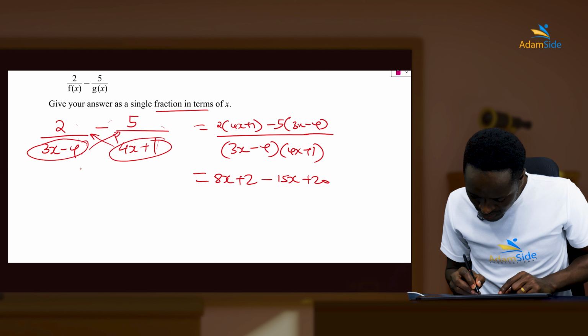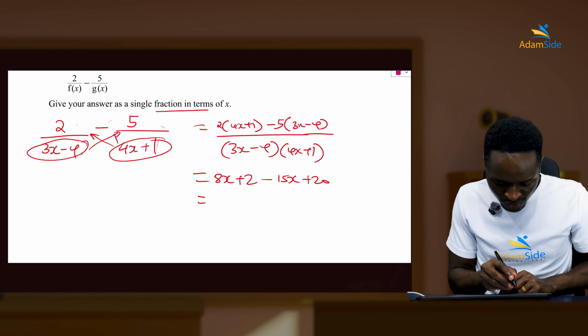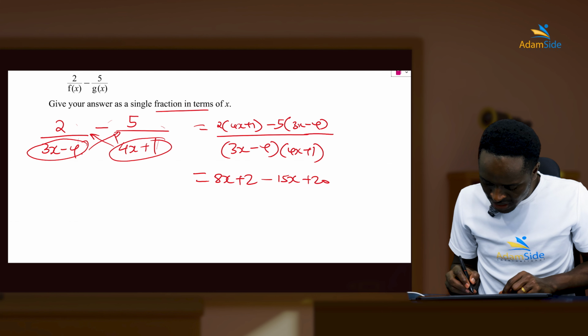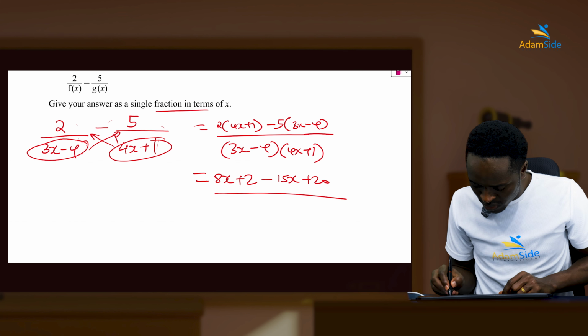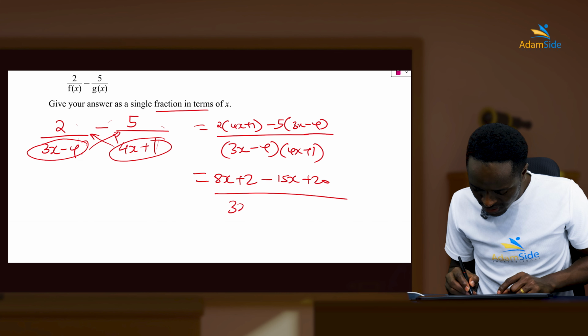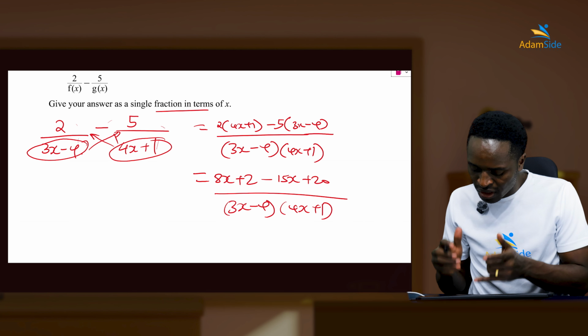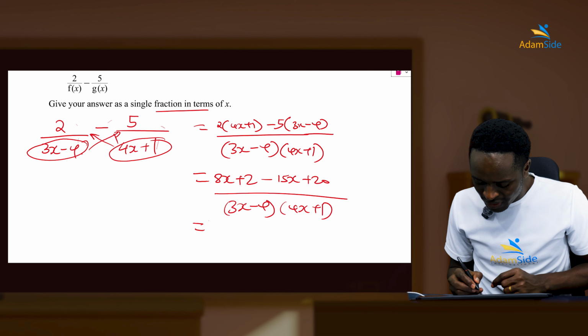Then collect like terms on the numerator. Keep 3x minus 4 and 4x plus 1 without expanding, because if you expand, you'll end up with a quadratic, which will make it more complicated.